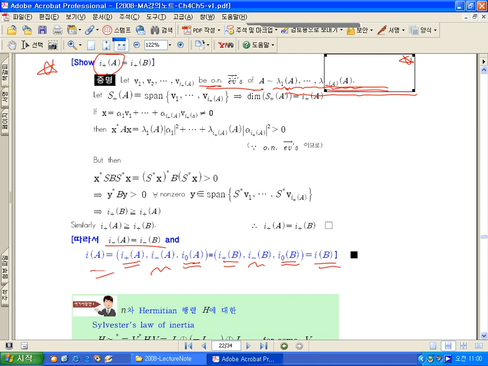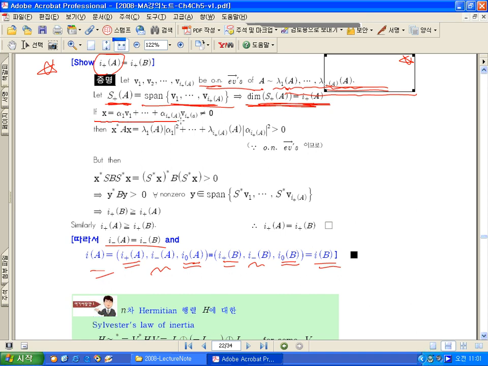Then let S plus of A be the span of these eigenvectors. Then the dimension of this is the same as the number of positive eigenvalues, because they are linearly independent.